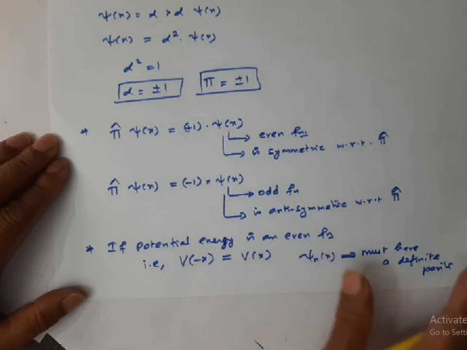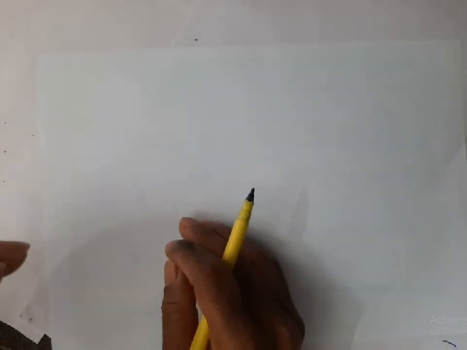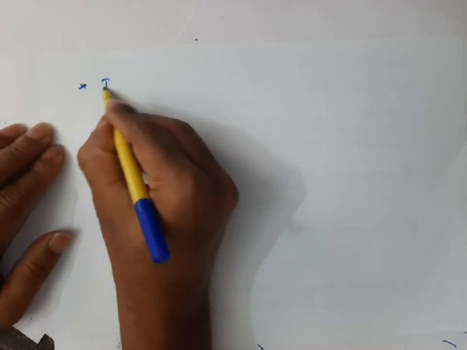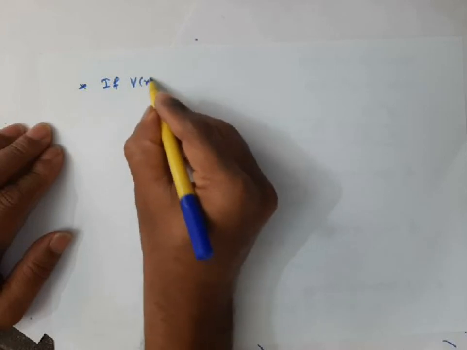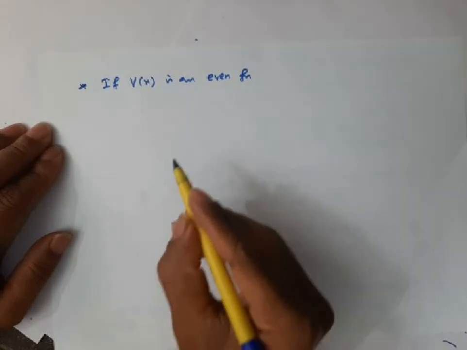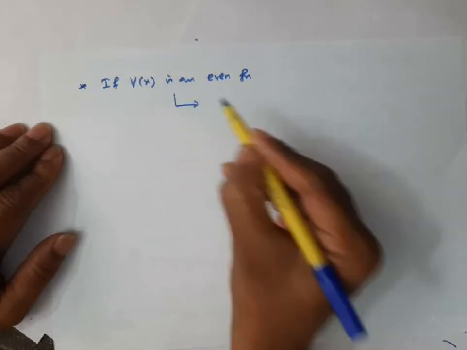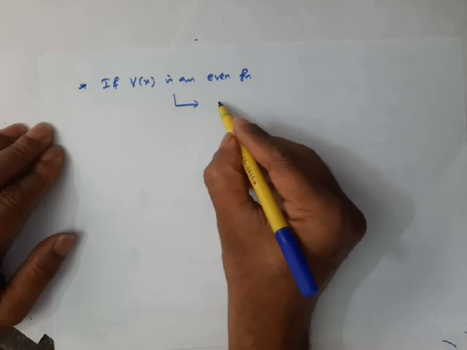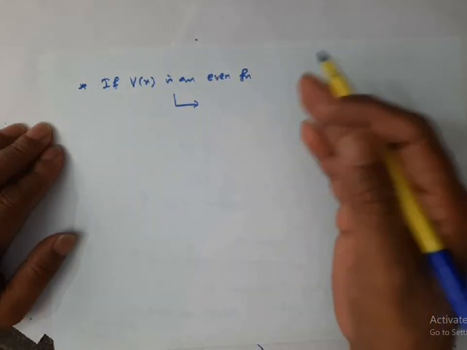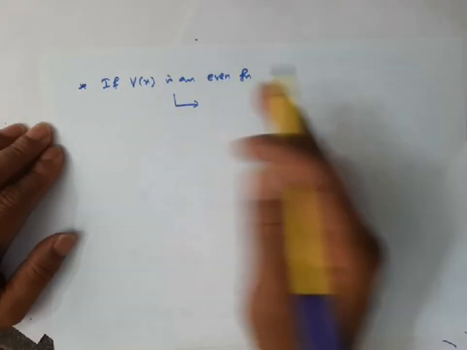Usually you will get the functions corresponding to the ground state, first excited state, second excited state in this manner.